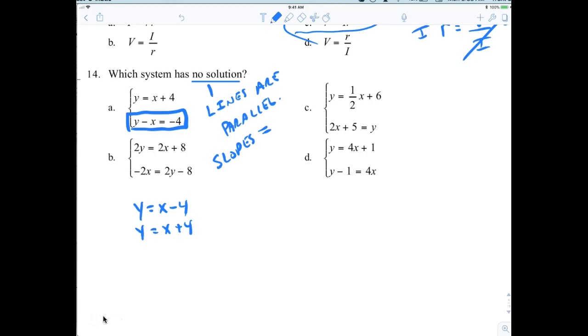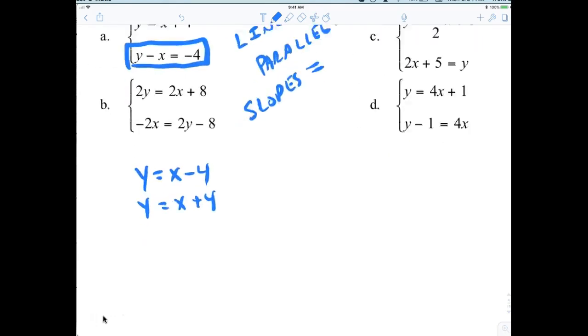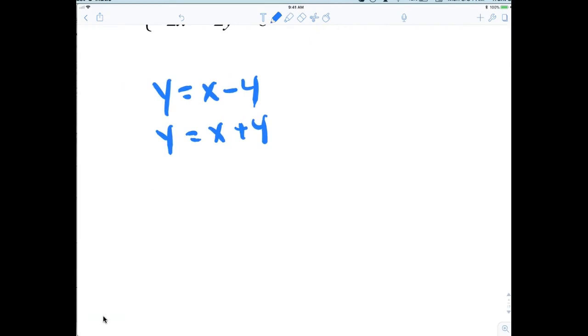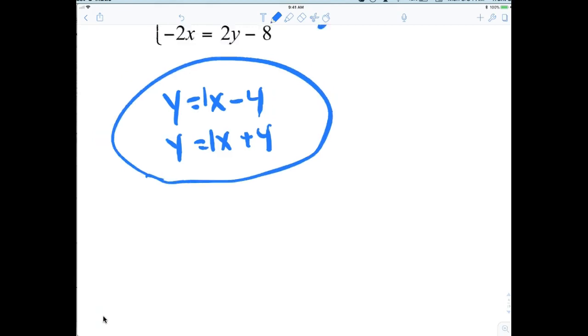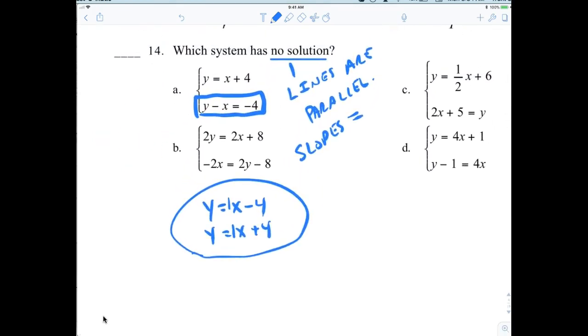Yes, they do. Now we don't say they're x, but we say they're 1. The slopes are 1, so are those parallel? Yes. So they will not have a solution. I think A is the correct answer.